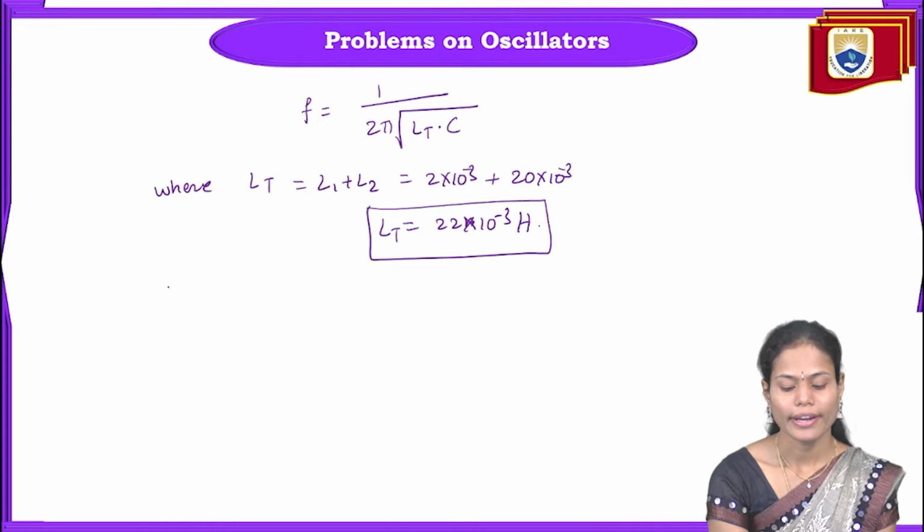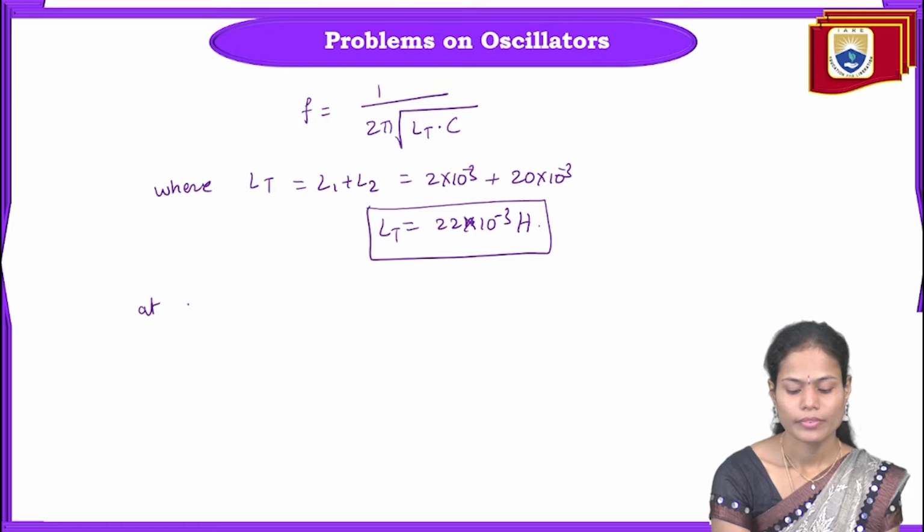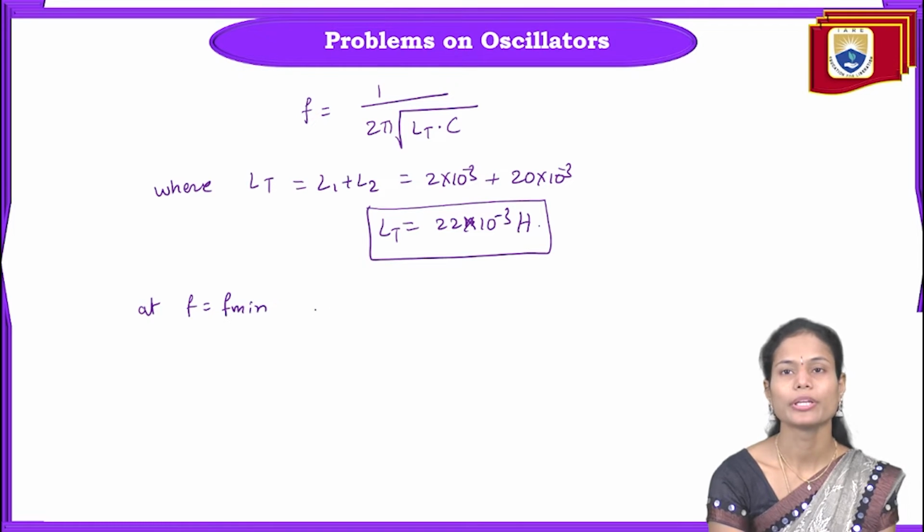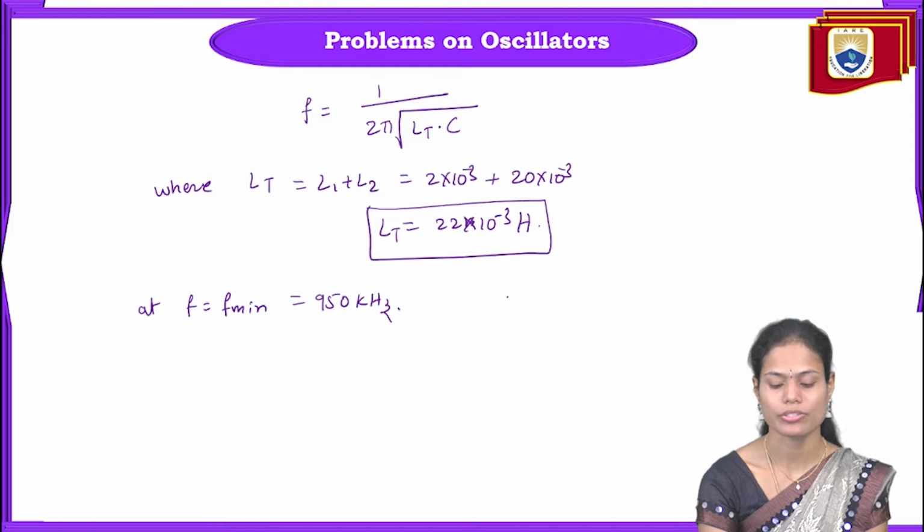Here the total inductance is 22 millihenries. So now at F minimum, that is at 950 kilohertz, I am going to calculate the value of capacitance.